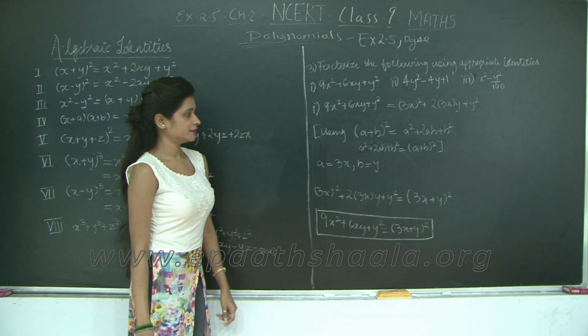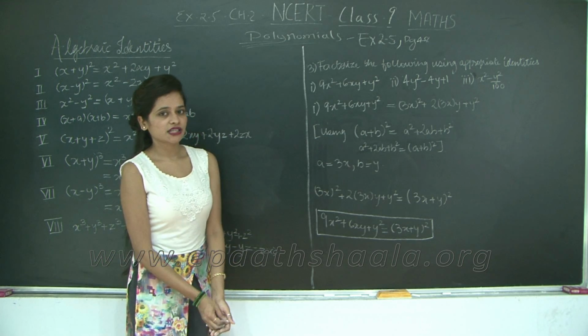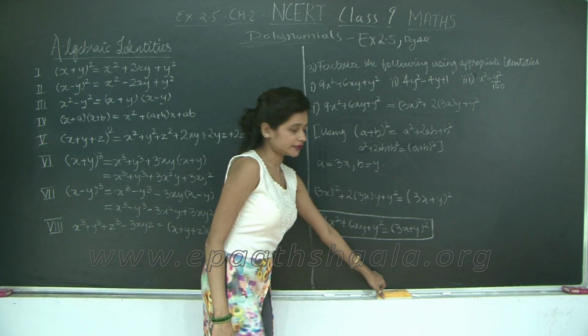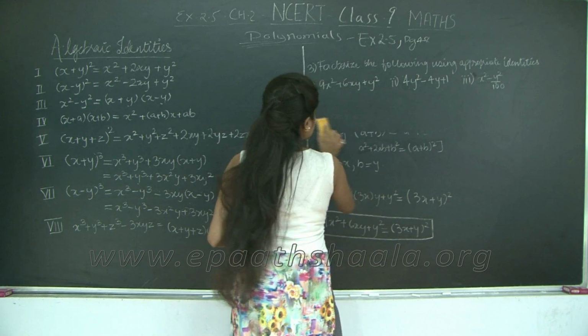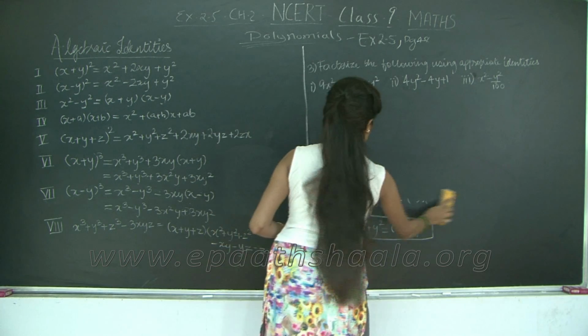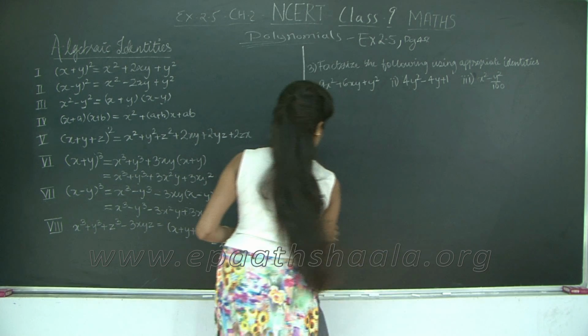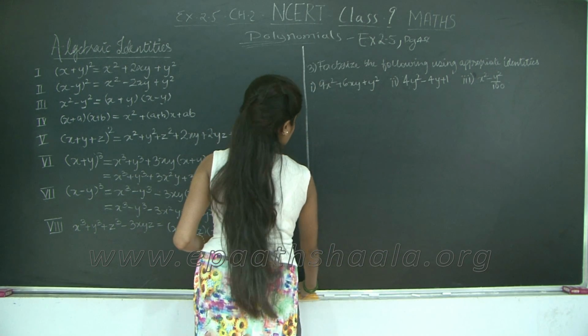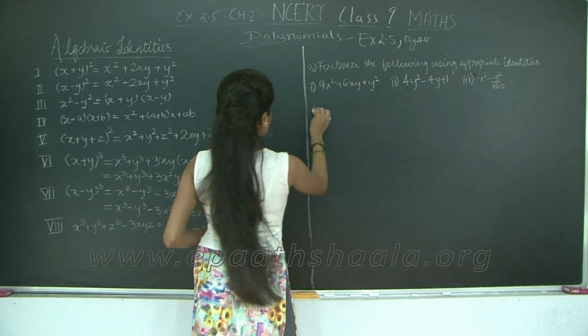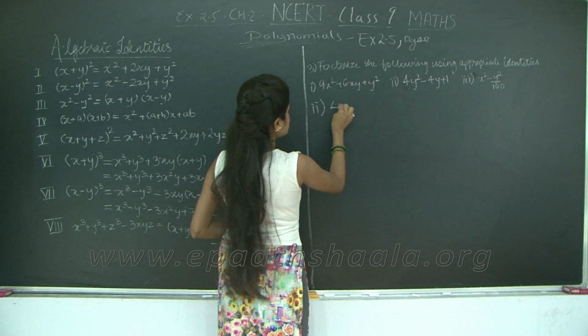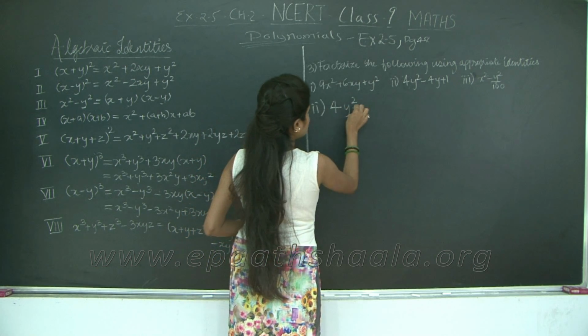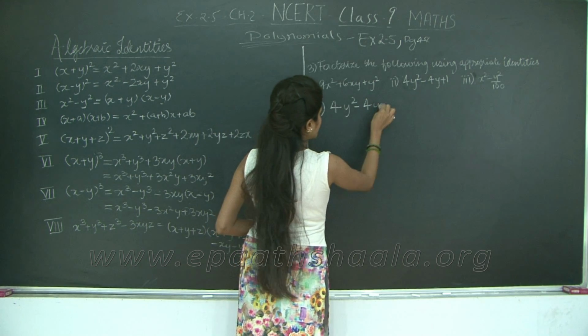Please take a look. Let us proceed with the second sub question, question 3. My question 2 is 4y square minus 4y plus 1.